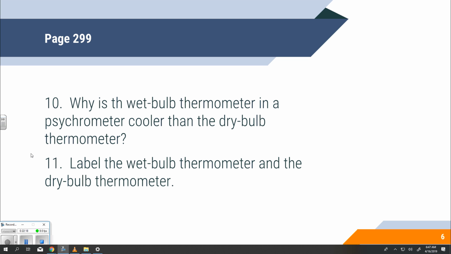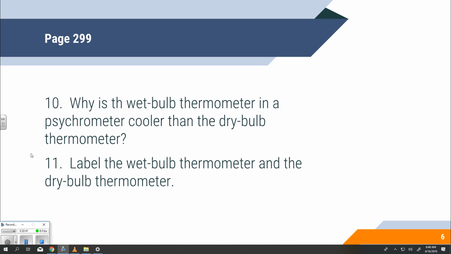A psychrometer also measures humidity. It contains two thermometers. The bulb of one thermometer is covered with a wet cloth. The other thermometer bulb is dry.